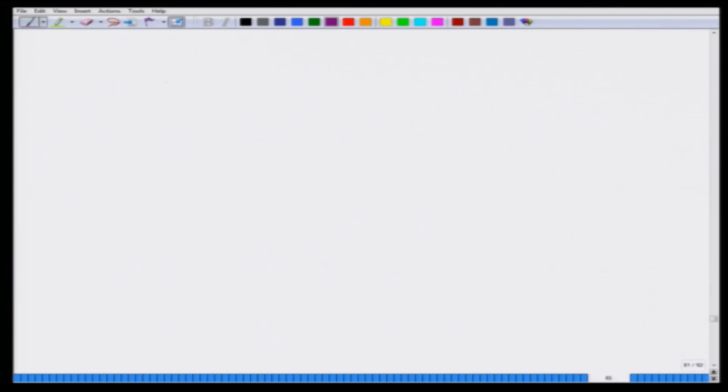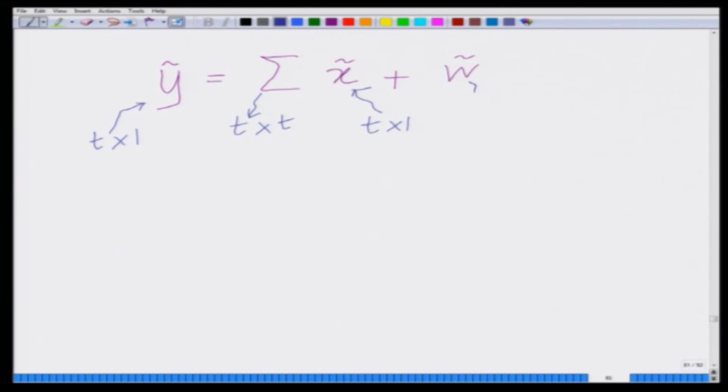Let me rewrite this again over here. I have y tilde equals sigma times x tilde plus W tilde, where y tilde is a t cross 1 vector, sigma is a t cross t diagonal matrix, x tilde is a t cross 1 symbol vector, W tilde is a t cross 1 noise vector.